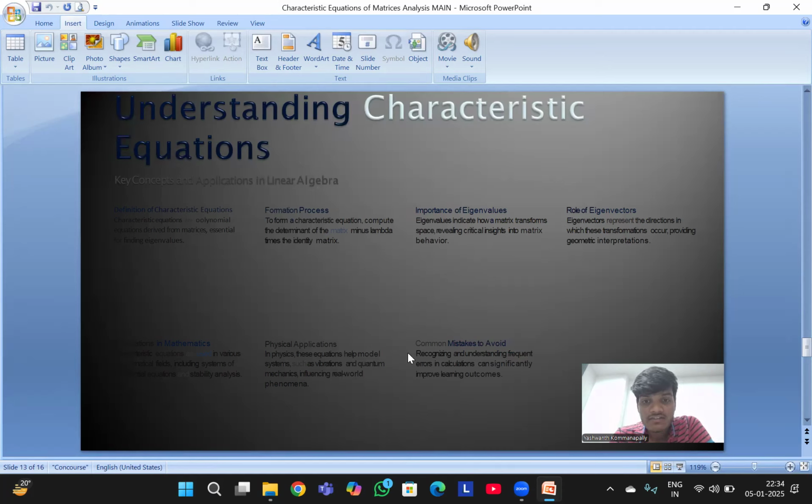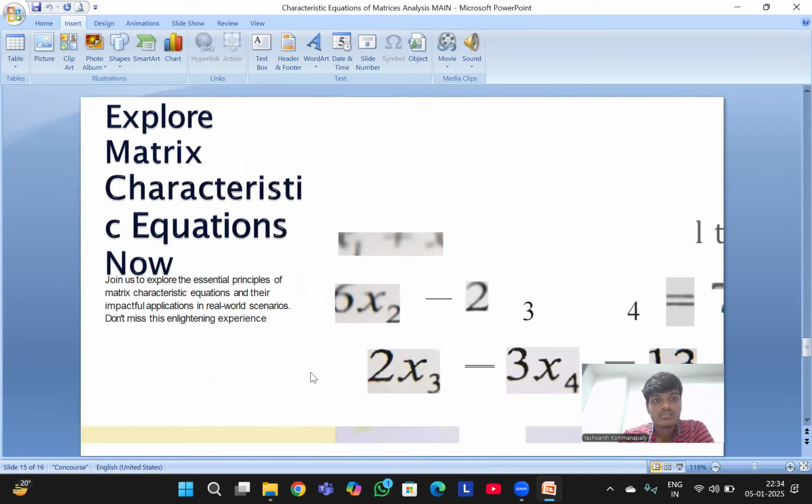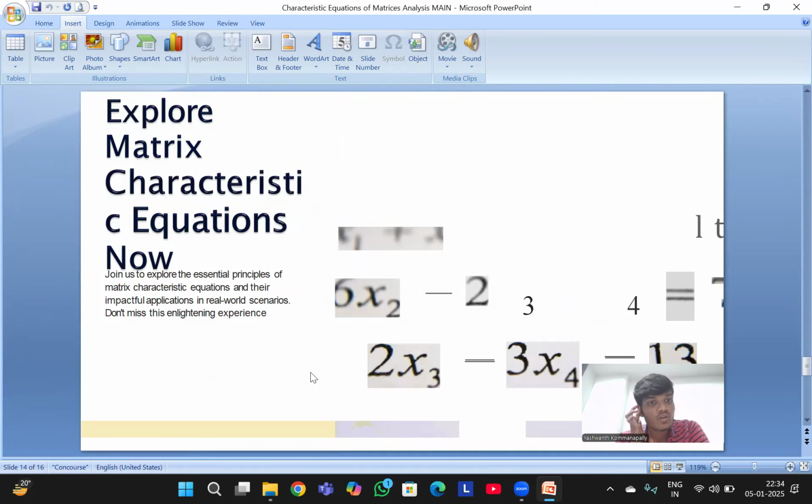Recognizing and understanding frequent errors in calculations can significantly improve learning outcomes. Explore matrix characteristic equations now. Join us to explore the essential principles of matrix characteristic equations and their impactful applications in real world scenarios. Don't miss the enlightening experience.